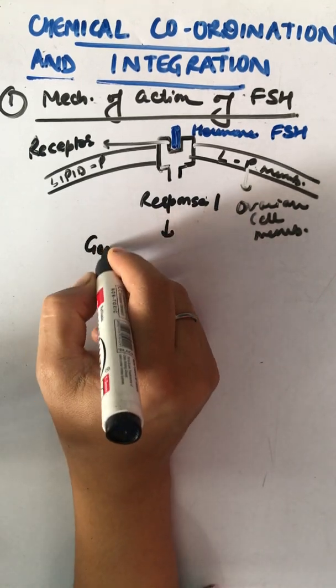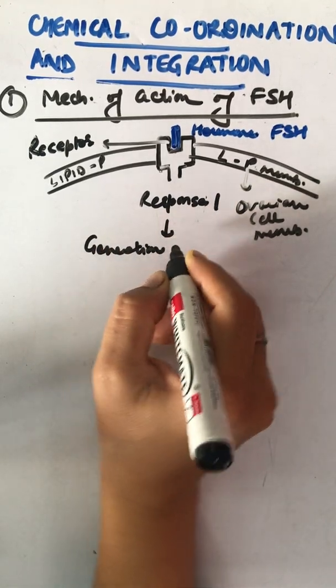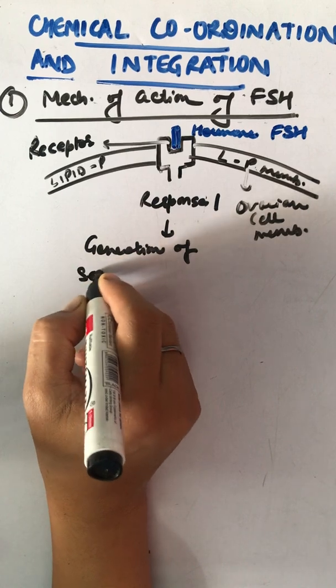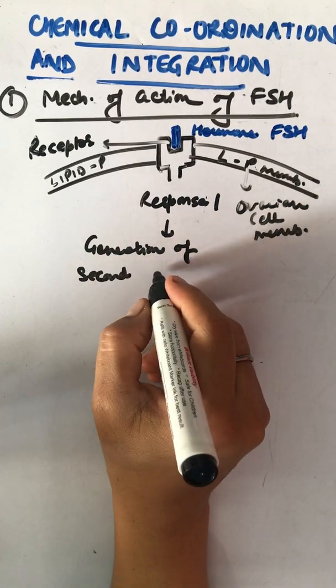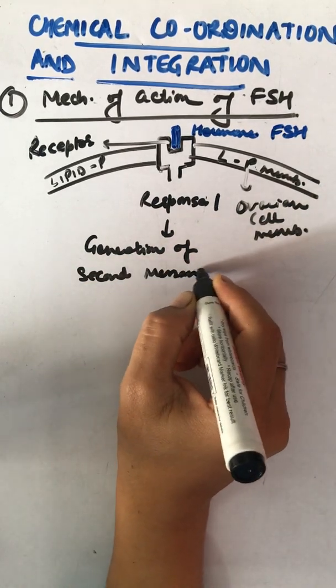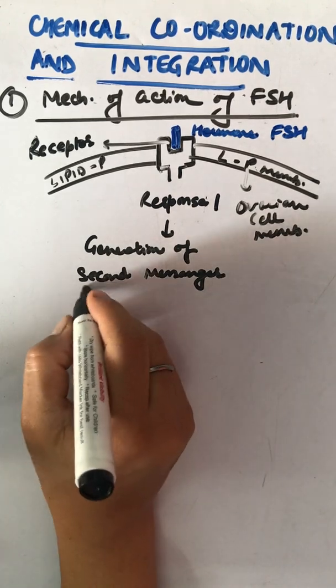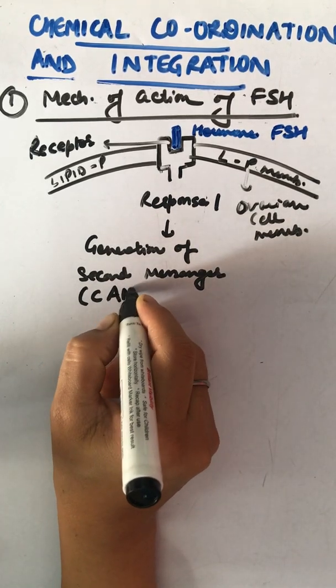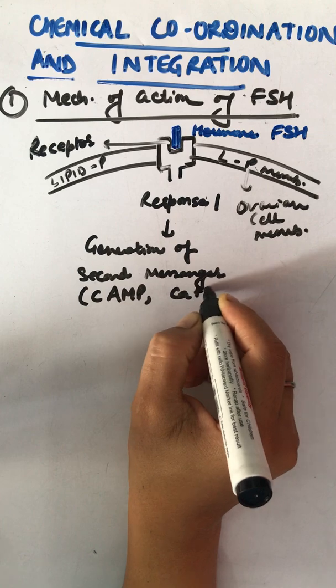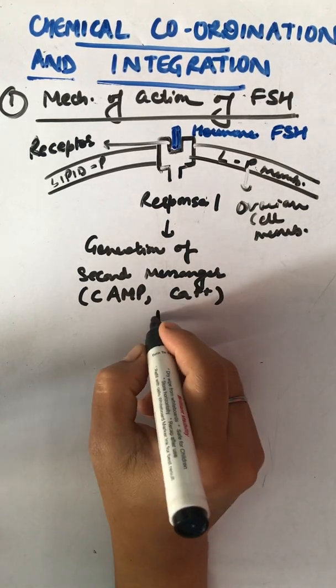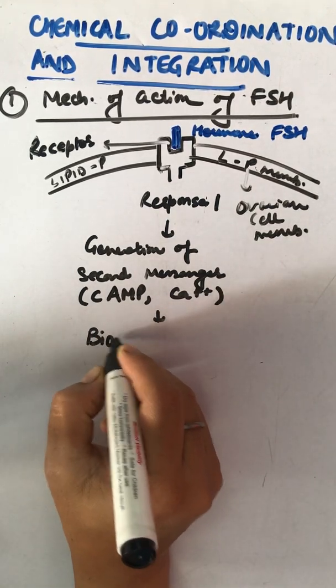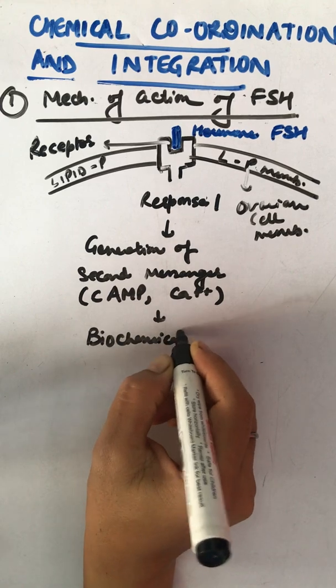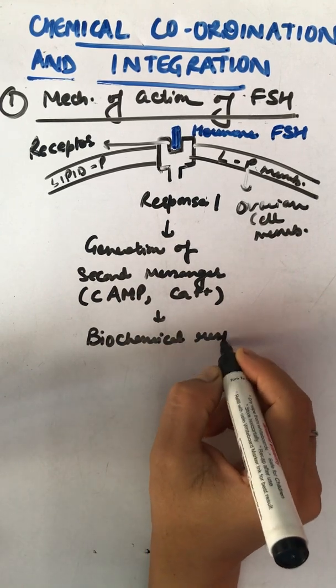Response will be generation of second messenger. That may be cyclic AMP, as we have done, or maybe calcium ions. Okay, what will it do? It will generate a biochemical response.